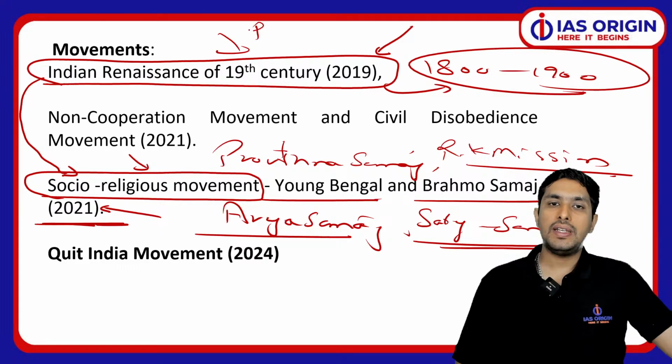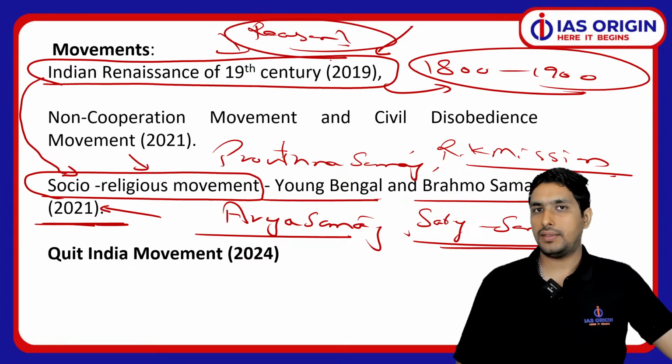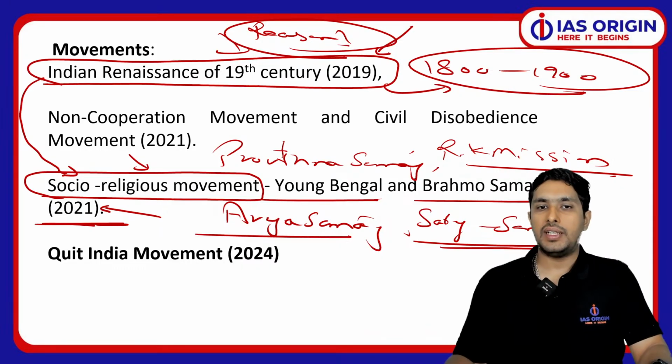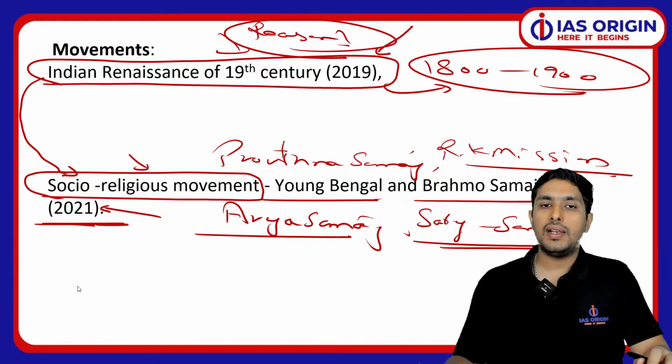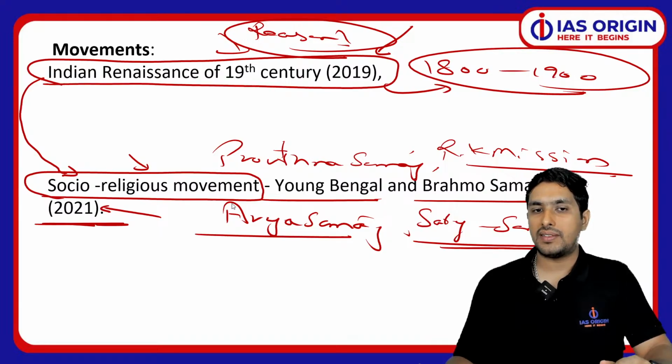You should also know the reason for that. Why in the first place did we have all these social religious movements going on in India? That's quite important. You are supposed to understand this aspect and know the reasons, and also tell about the various reformers who were involved and what precisely was their role.